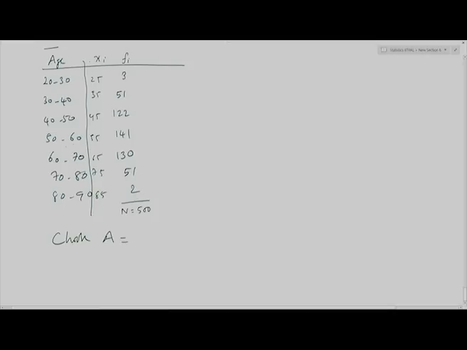We shall choose A equal to 55, the mid value, and of course here the class height h is equal to 10, the length of the class interval. Now let us compute ui, defined as xi minus a divided by h. Here a is equal to 55 and h is equal to 10, so it turns out to be minus 3, minus 2, minus 1, 0, 1, 2, 3.